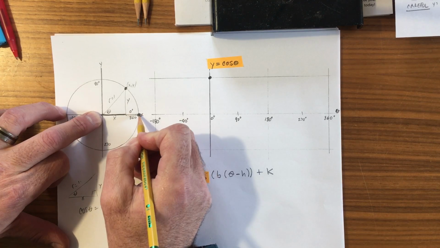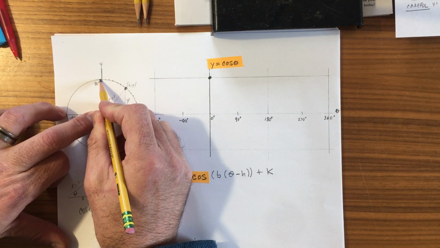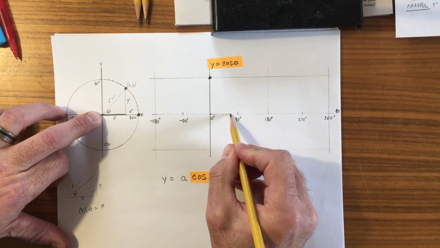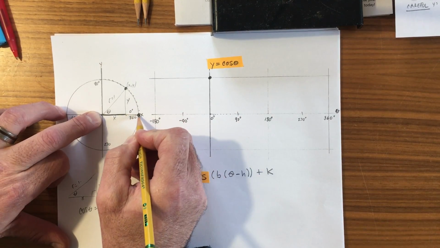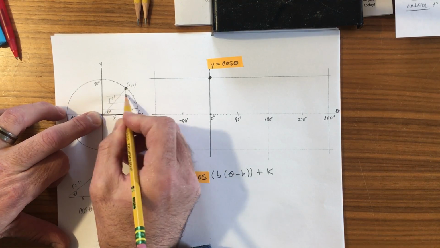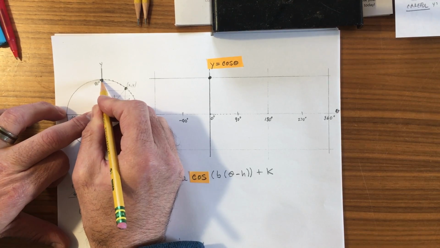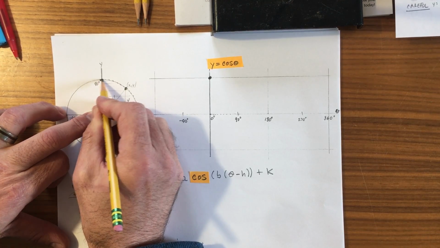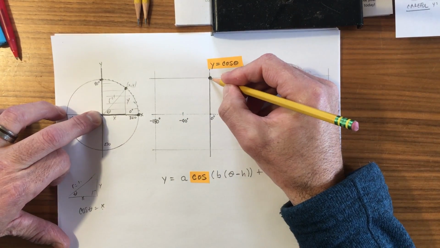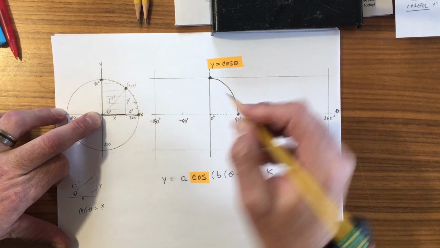And what happens is that as we move around the circle from 0 to 90 degrees, the x value of each of these coordinates gets smaller and smaller until at 90 degrees, the x value, or the side to side, is 0. And in fact, the curve will look like this.